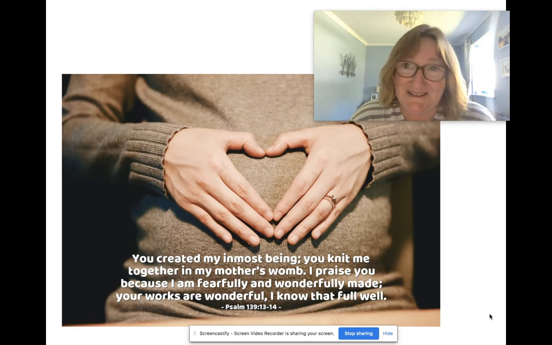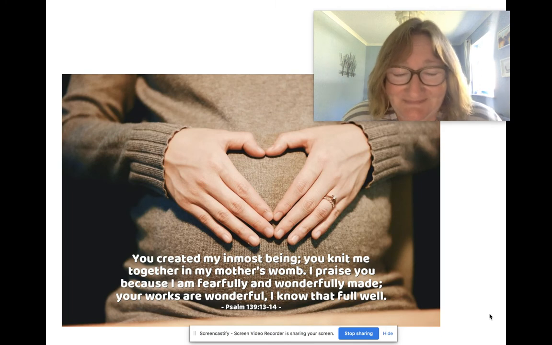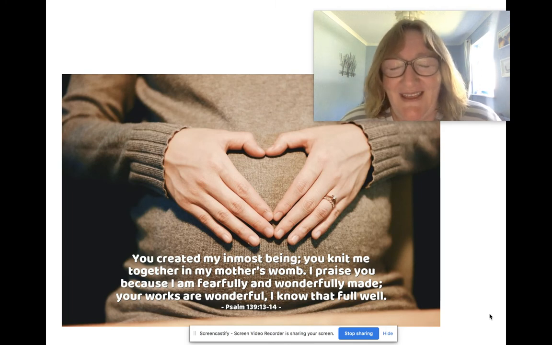So let's just pray to finish. Heavenly Father, we thank you that we are unique, that you have made us different from every other person in the world. We thank you that you know us so well, that even before we speak a single word, you know what we're going to say.